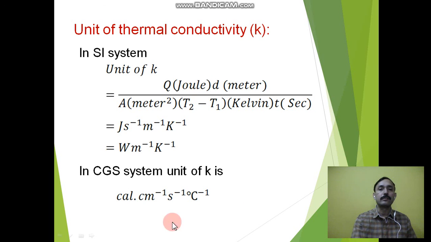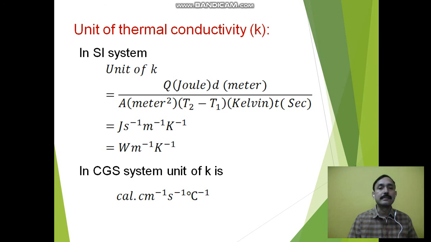So we can write joule meter to the power minus 1 second inverse Kelvin to the power minus 1. Now joule per second means watt. So we can write watt meter to the power minus 1 Kelvin to the power minus 1. Thus the unit becomes watt per meter Kelvin in the SI system.